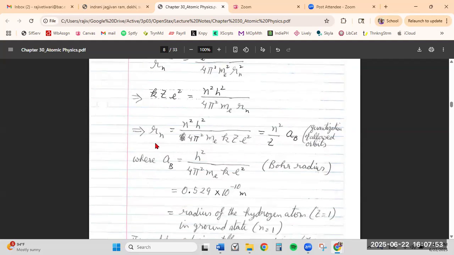So the radius of the nth orbit is n squared h squared over 4 pi squared me k Z e squared, where me is the mass of the electron, k the Coulomb constant, Z the number of protons in the nucleus, and e the elementary charge. I'm sorry, I shouldn't say it's the nth radius of the hydrogen atom, it's the nth radius of a hydrogenic atom which has Z protons.